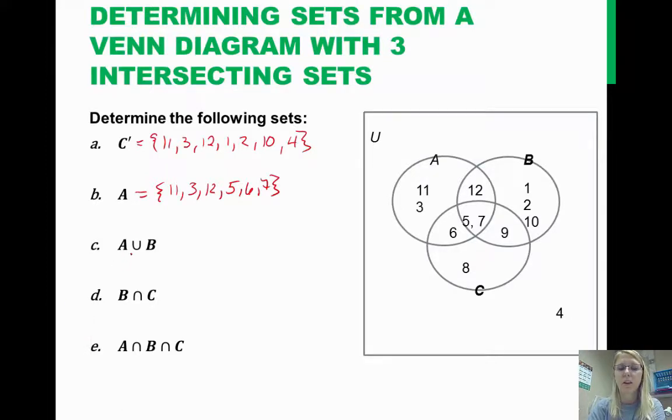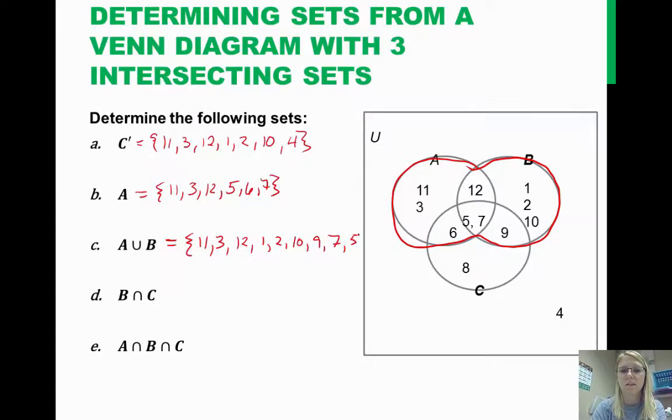And now let's look at A union B. So that's going to include everything inside of A and inside of B. So that will be 11, 3, 12, 1, 2, 10, 9, 7, 5, and 6.